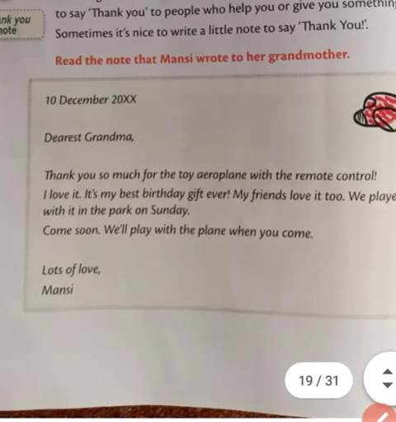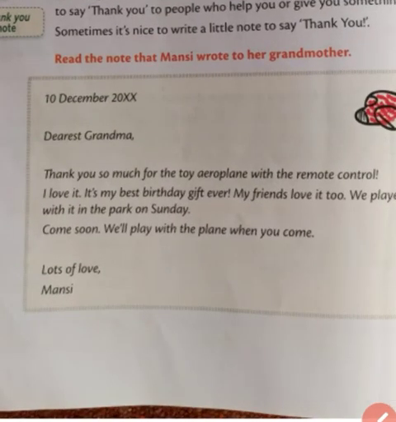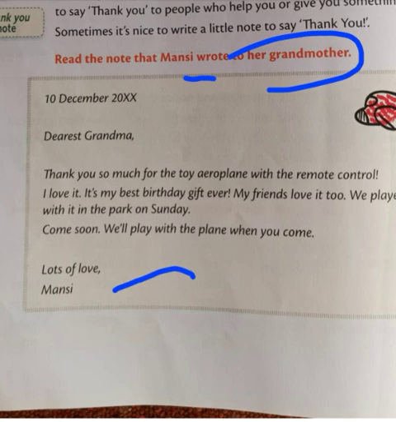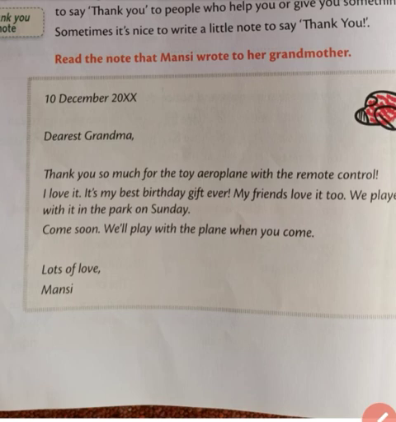Got it? Here you can see, read the note Mansi wrote, means it's a second form of write. Mansi wrote to her grandmother. Here Mansi wrote to her grandmother what? Thank you note. Why? Because her grandmother gave her an aeroplane.